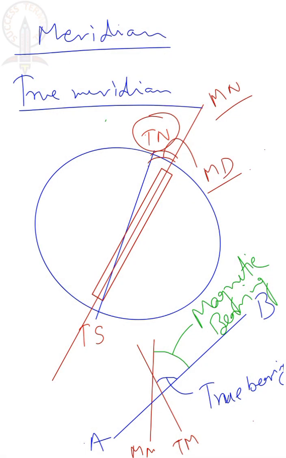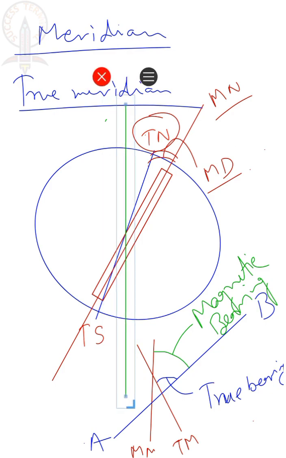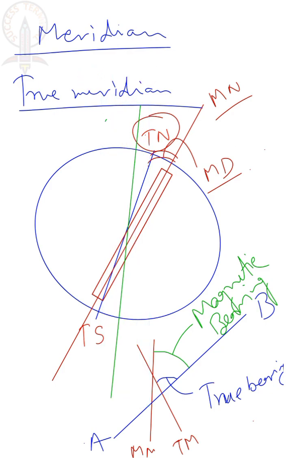Suppose the magnetic meridian is placed in this way. Say this is the magnetic meridian in some place. Therefore this declination will be treated as declination east, and this will be treated as declination west. Clear?